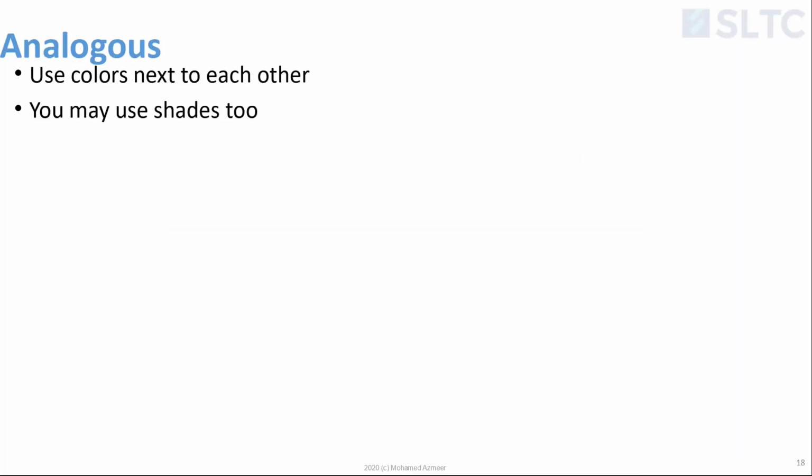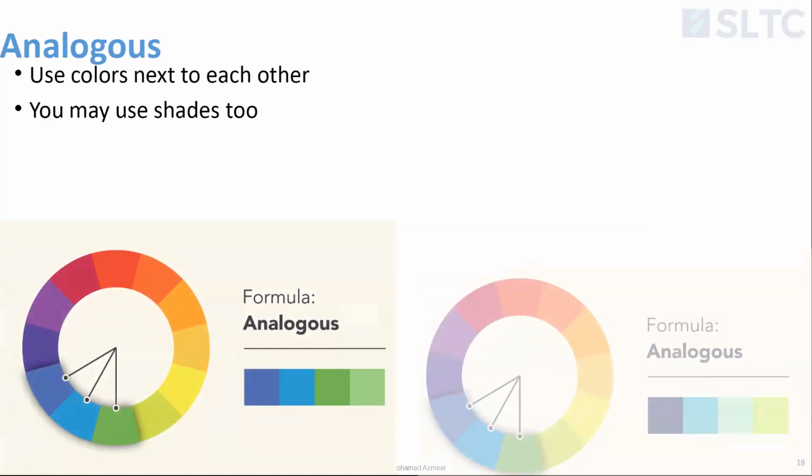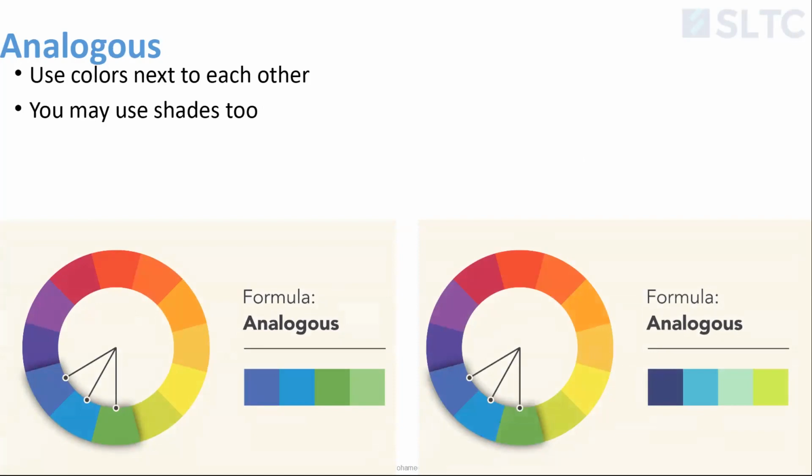So from monochromatic, we come to analogous colors, right? The analogous color is about picking up colors close to each other, next to each other. Now here we have picked green and these two blue shades, and here's the color theme. This is called a color theme, which we use for our application.